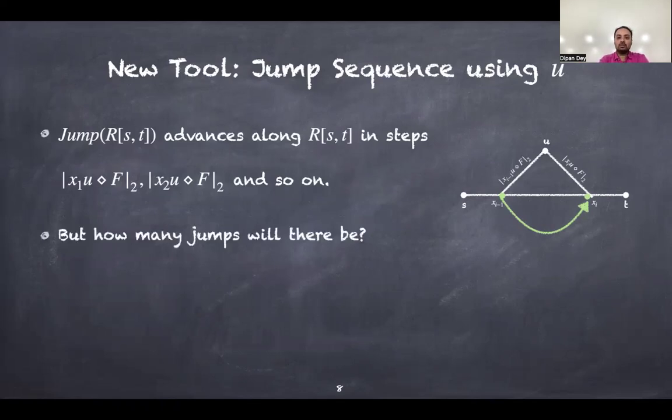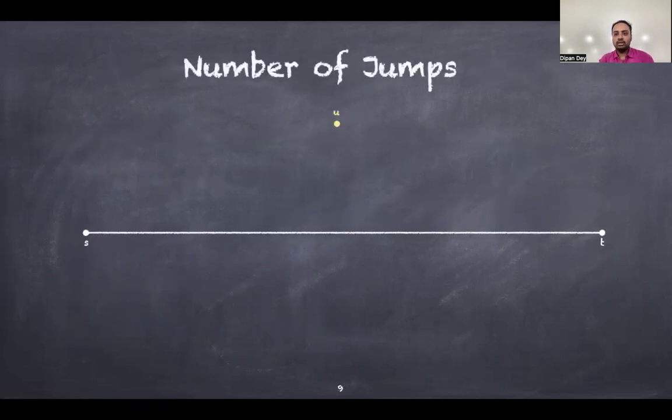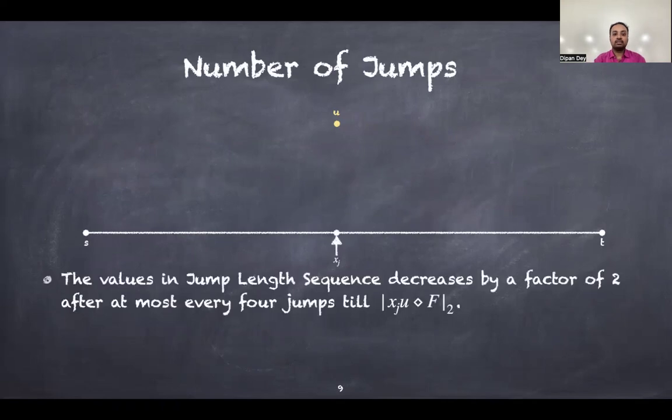But how many jumps will there be? For that, let us define the jump length sequence. The jump length sequence is nothing but the lengths of the jumps in the jump sequence. Using that definition, we say that in the jump sequence itself, there will be a vertex xj such that the jump length sequence decreases by a factor of 2 after every 4 jumps till xj.